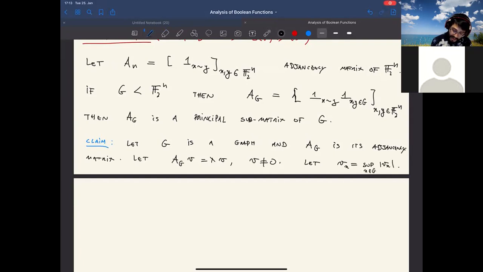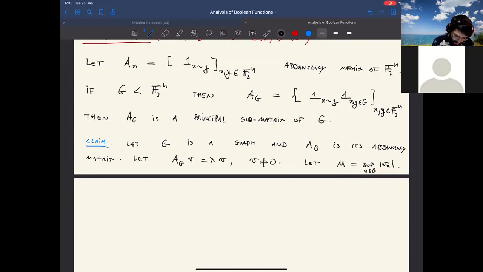By the way, this is an undirected graph, so A is a symmetric matrix, because if X is connected to Y, Y is connected to X. So the eigenvalues are only real and the eigenvectors are all real. And so here I'm just taking the moduli, real numbers, okay? And so let's say M is the maximum of this.